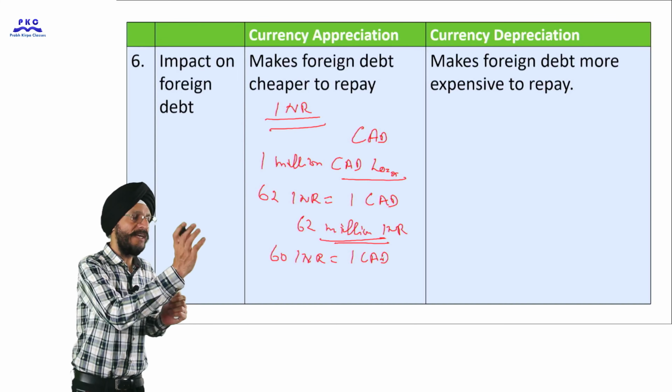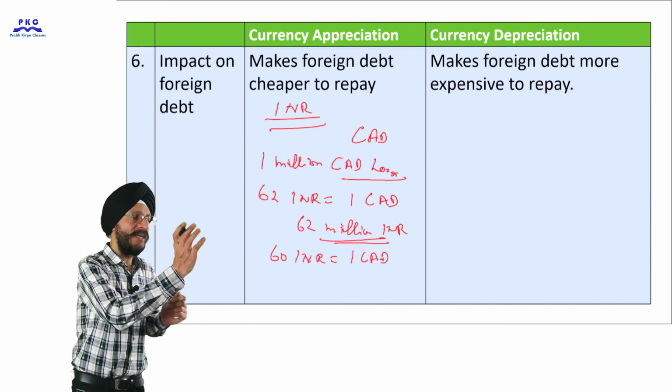Now suppose next day or after some days the value of Indian currency has appreciated and it has become equal to 60 Indian rupee equal to 1 Canadian dollar. Now the Indian government, after 1 week or 1 month, decides that it wants to repay the entire loan. What will it likely have to pay when there is currency appreciation of Indian currency?